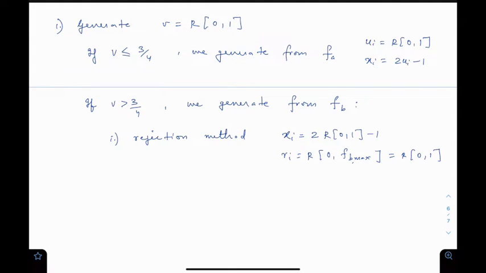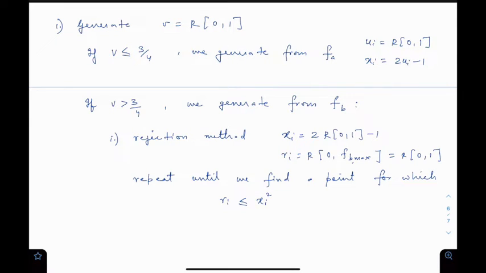And we repeat until we find a point for which r_i is less than or equal to x_i squared.